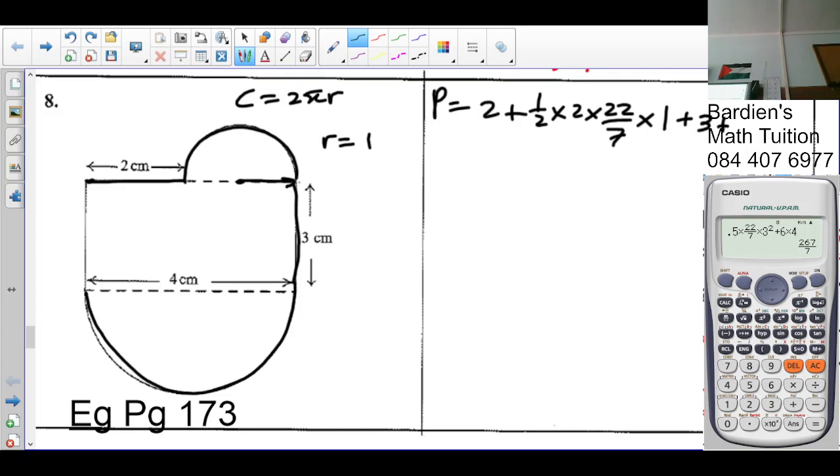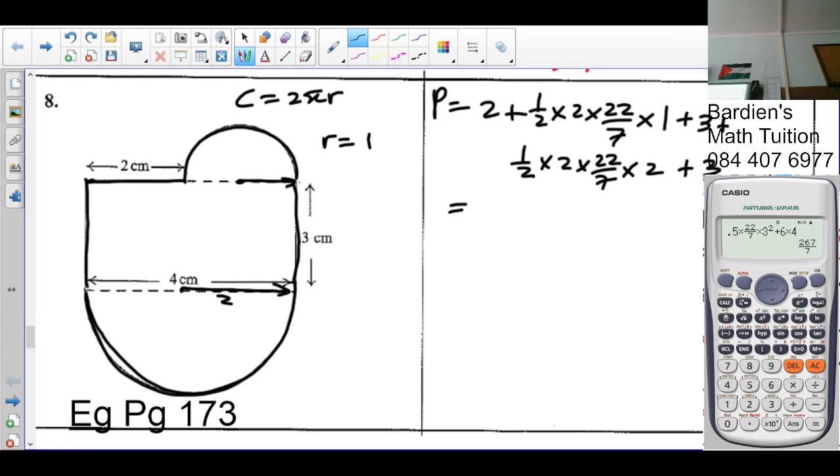There's also going to be a semicircle with a radius of 2. Can you see that? So it's a half times 2 pi, which is 22 over 7 times the radius, which is 2. Plus this length here, which is 3.